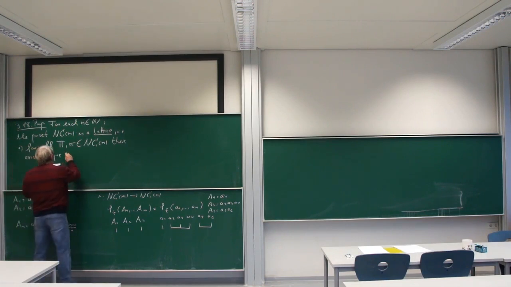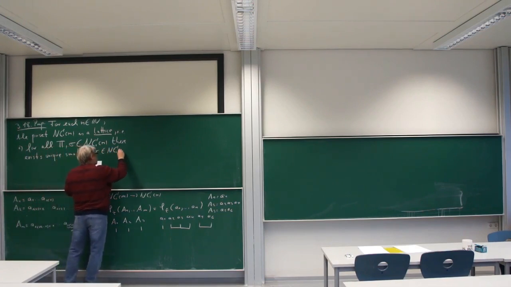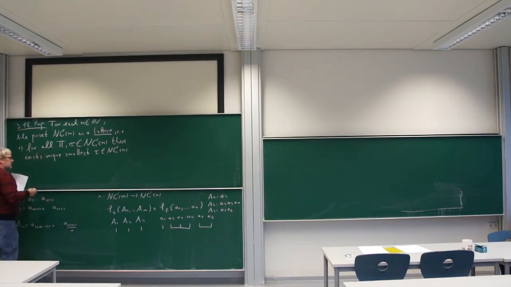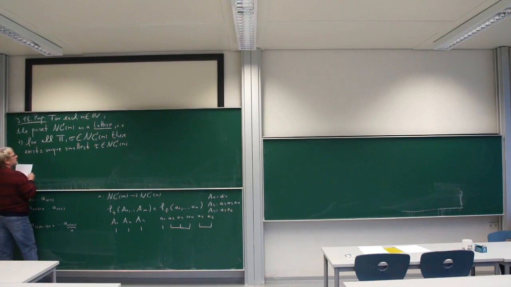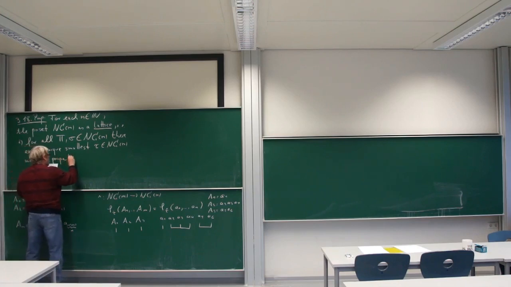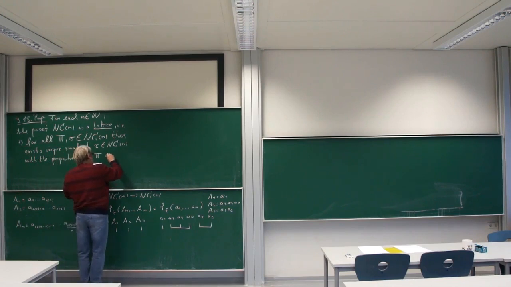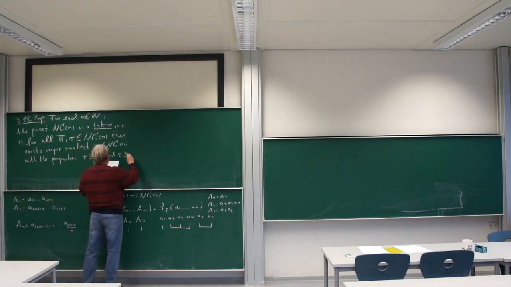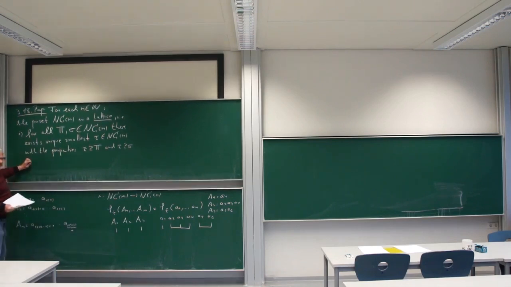So there exists a unique smallest tau in my non-crossing partitions, which has the property that tau is greater or equal than pi, and tau is greater or equal than sigma. So we have to prove that such a guy exists.